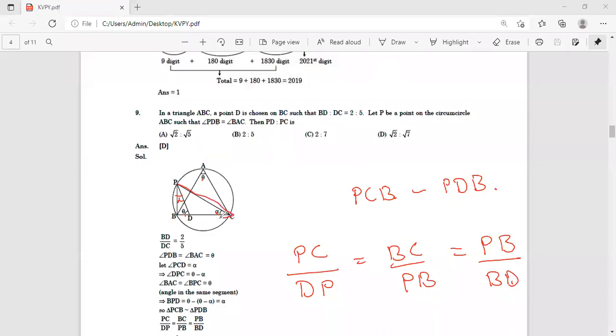Right? PCB is the first triangle and PDB, this one is the second triangle. So opposite to beta, you have PC by PD, and opposite to alpha, in this triangle you have PB, and for this triangle opposite to alpha is BC.